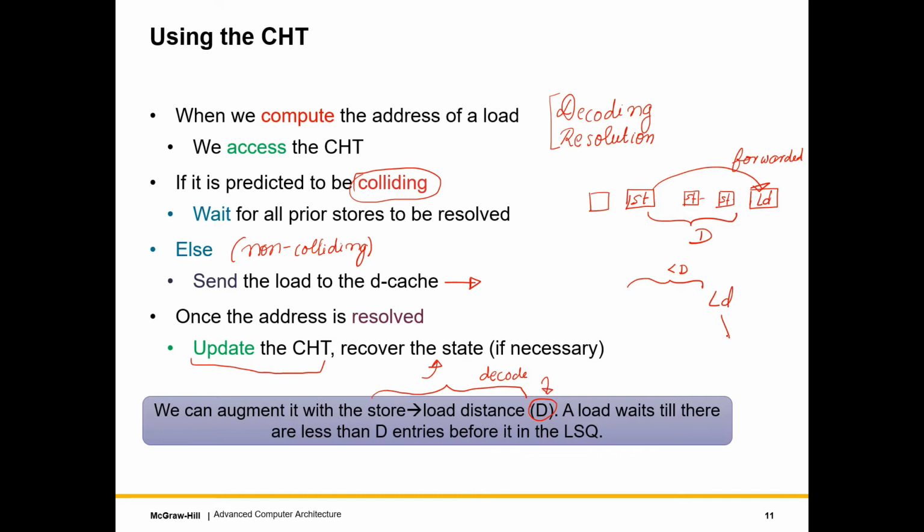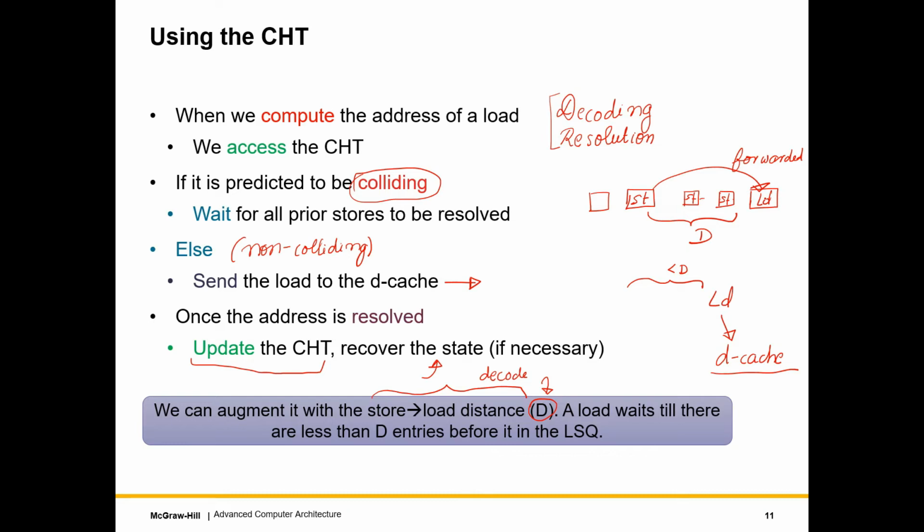So the load at this point can be dispatched to the data cache, right? It can be sent to the data cache, because what we predicted is a collision, but we predicted something more also. The store to load distance can be measured in different ways, but let's measure it for the time being with the number of stores before the load.